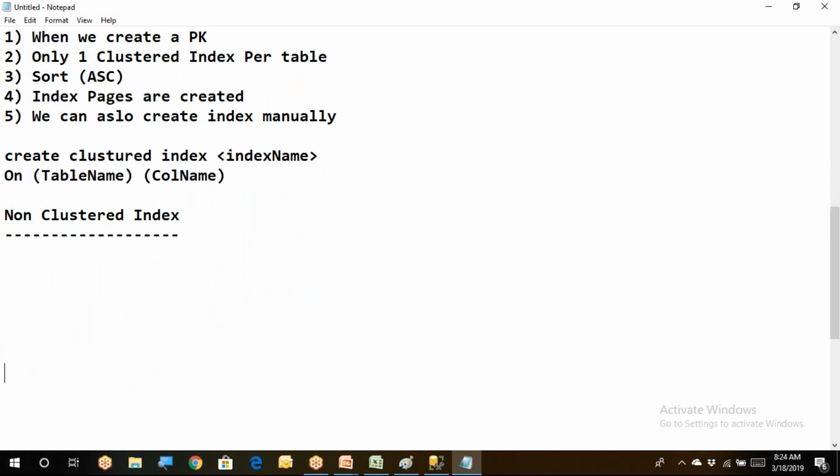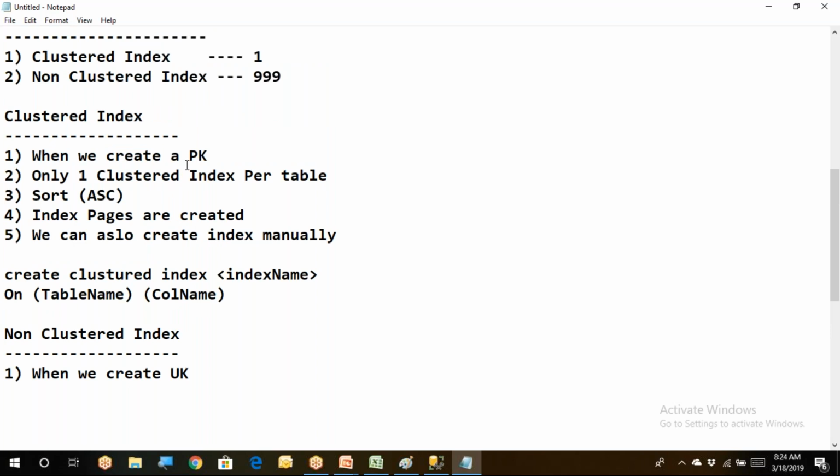When we create a primary key, a clustered index gets created. When we create a unique key, a non-clustered index gets created automatically, because you can have many unique keys per table.